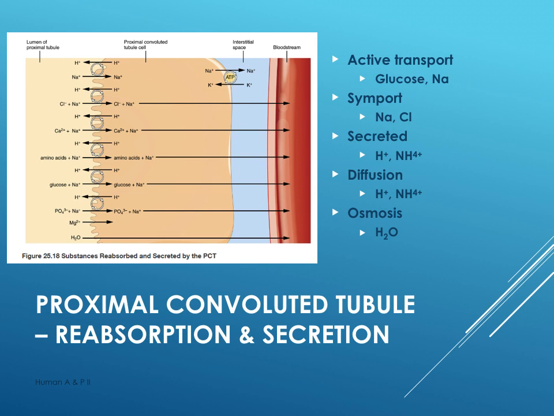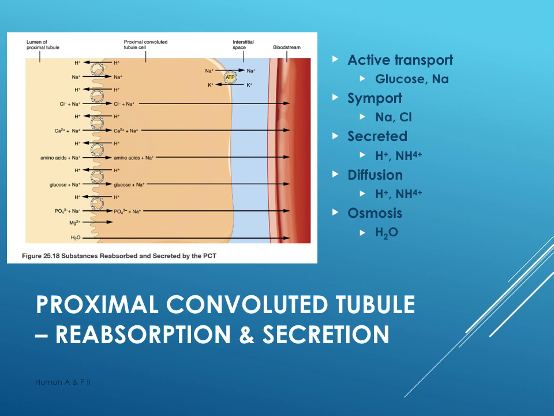Some are symport, where we again use ATP, but now we bring two molecules back. We bring the sodium back, and the negative chloride ion follows. In other cases, we're secreting things, or diffusion and osmosis can help us bring things back. But probably the first two are the big ones.